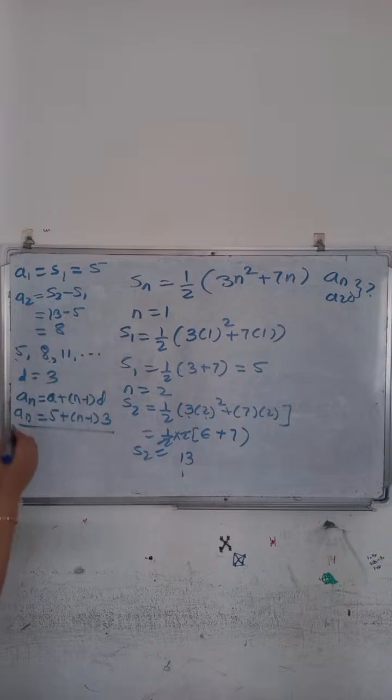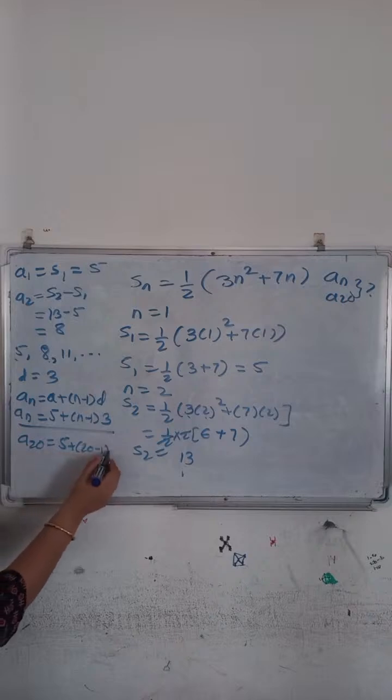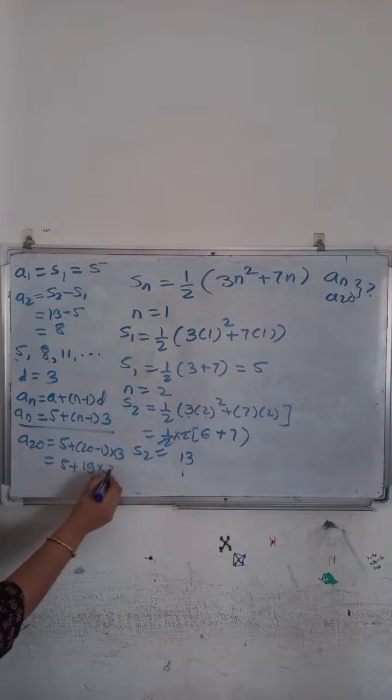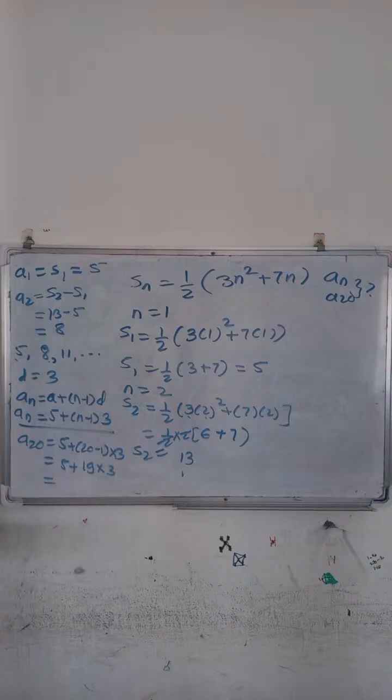Now they are asking A20. A20 is equal to a, which is 5, plus 20 minus 1 into d, which is 3. So 5 plus 19 into 3. So 19 into 3 plus 5 is how much? Check the 20th term, do the addition and find out the answer.